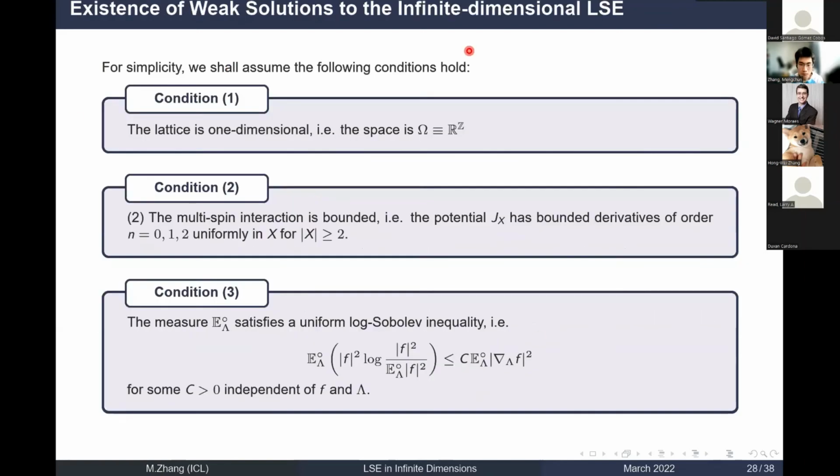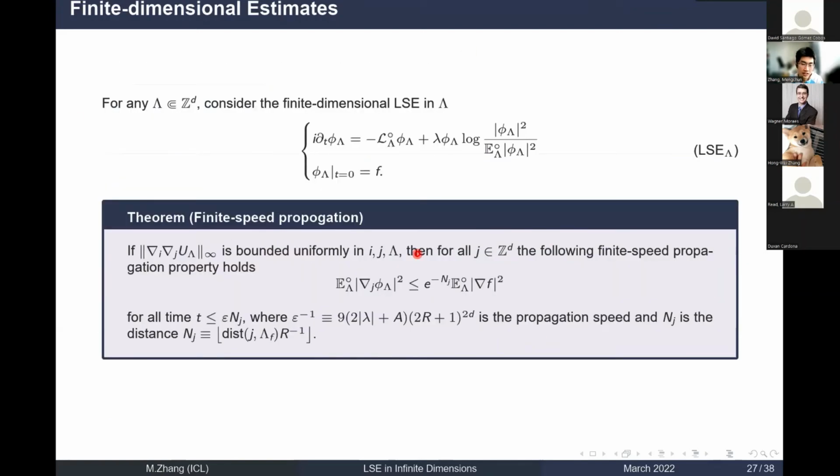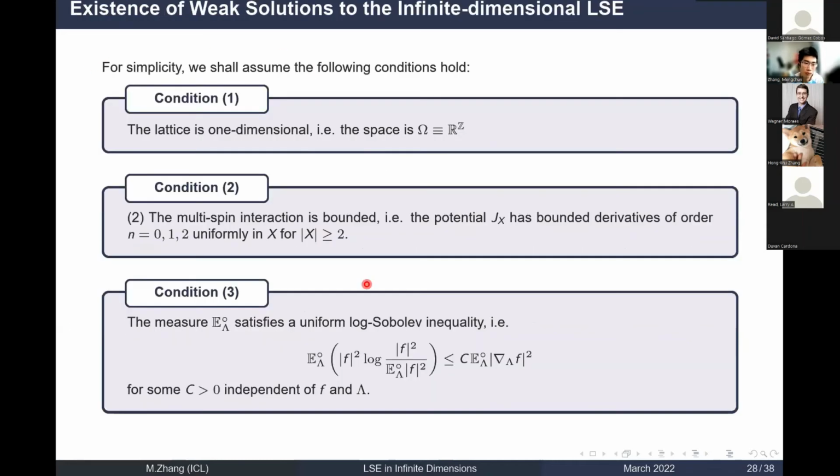So now we have all these nice estimates. We will begin to introduce our existence theorem. But for that theorem, we need some crucial conditions, which I included here. First, we need to assume the lattice is one-dimensional. Basically, your space is R to Z. I will mention later why this is the case.